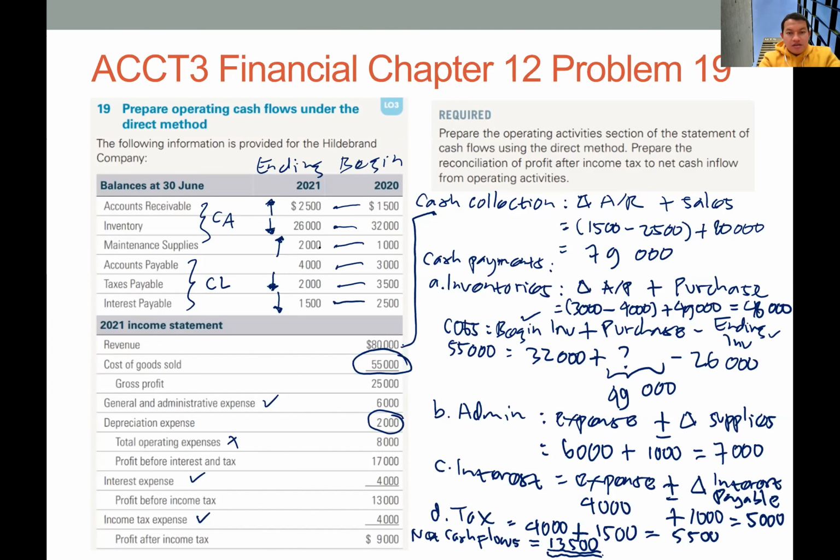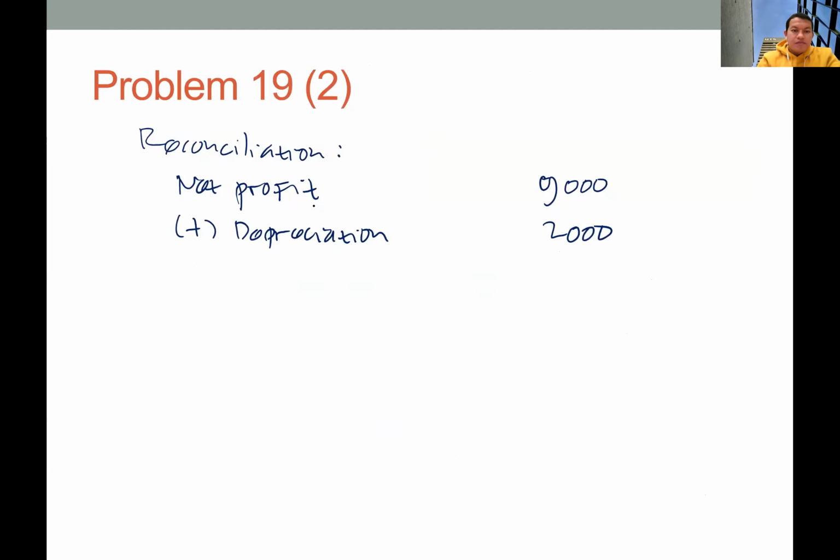The inventory account is decreasing by 6,000. So add the decrease in inventory by 6,000.